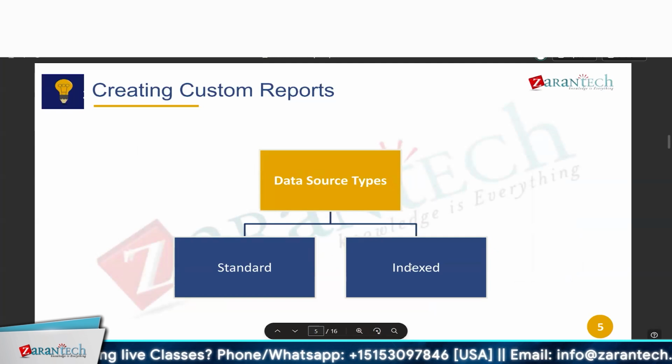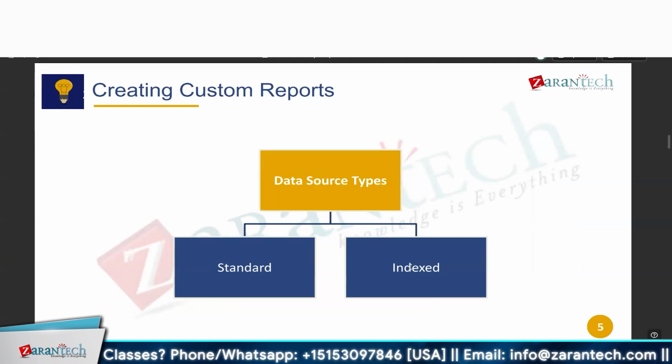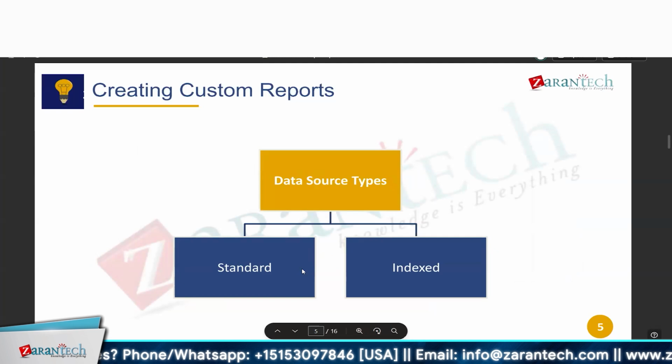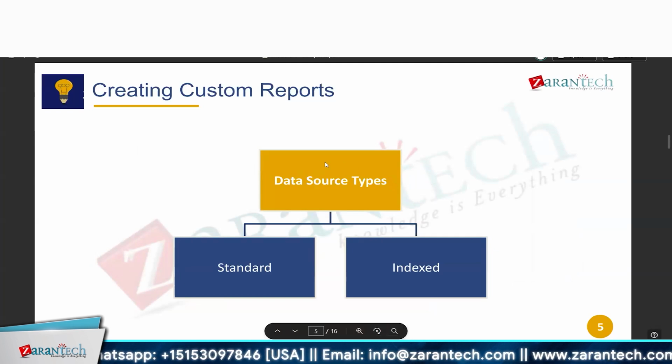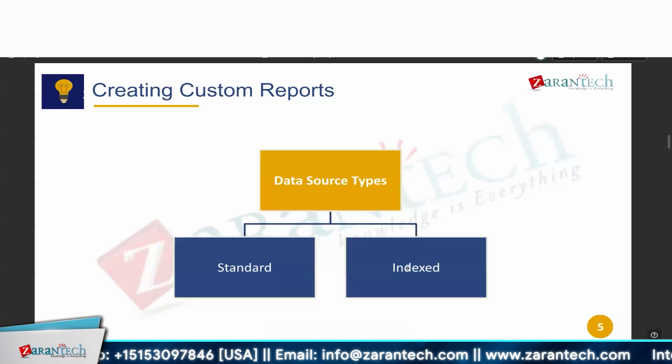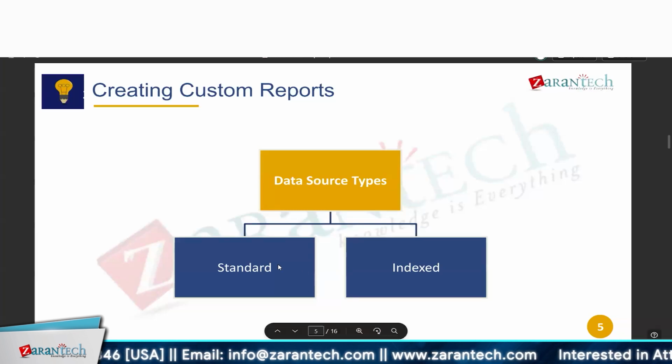The other is the indexed data source. Depending on the use case and the requirement, we usually go for standard or indexed. We'll see the difference between them, but these are the two different types of data sources that we have in Workday to create custom reports.